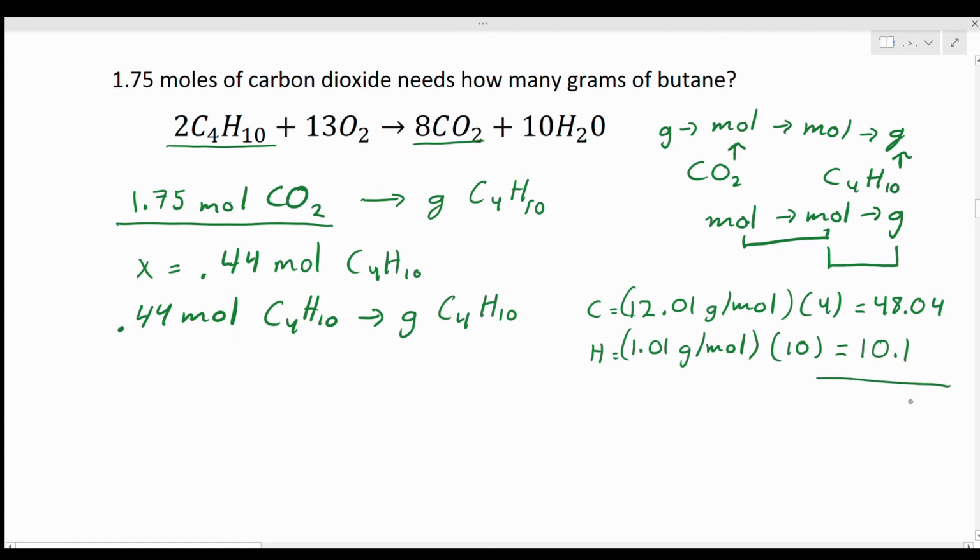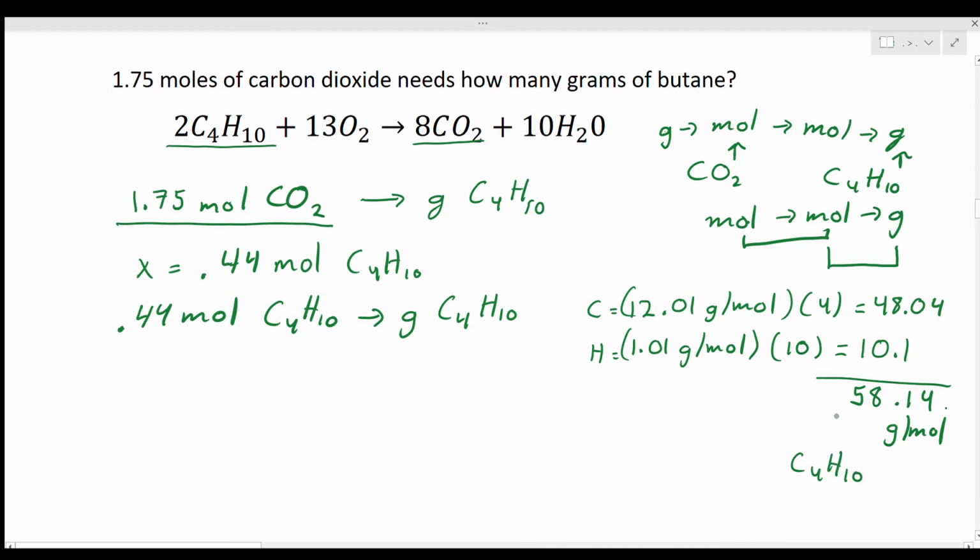And we add these up for molar mass. So 58.14 grams per mole is going to be the molar mass for butane.